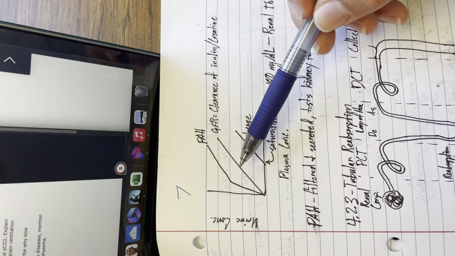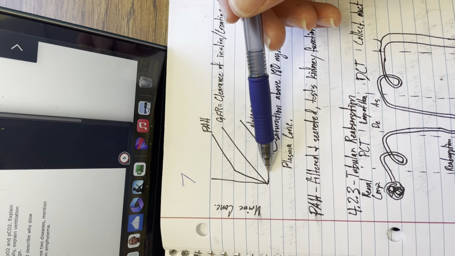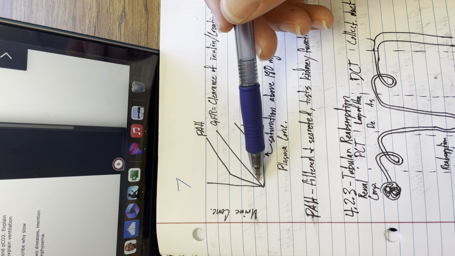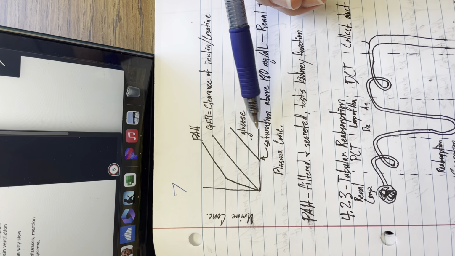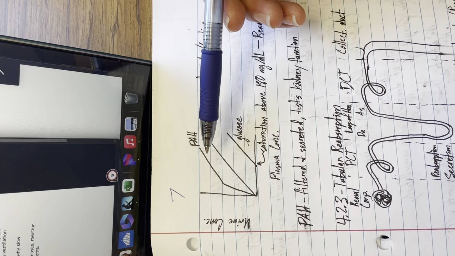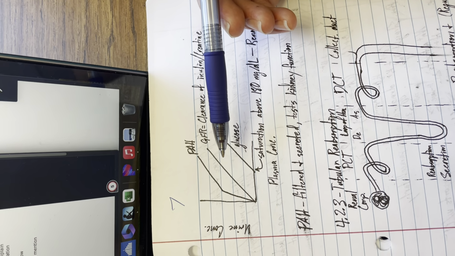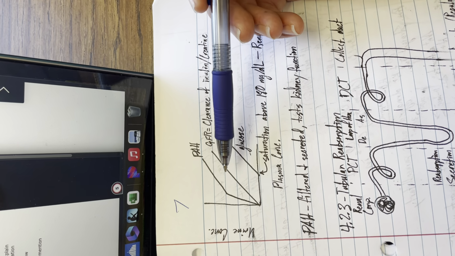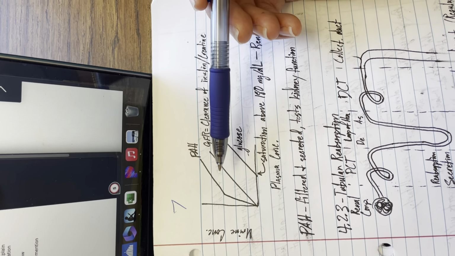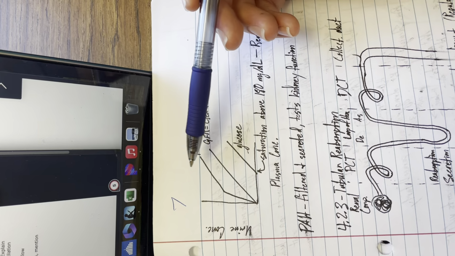PAH will do the same thing. It can become saturated a lot quicker than glucose because it is a competitor for certain receptors and transporters, but it will get filtered out way quicker.